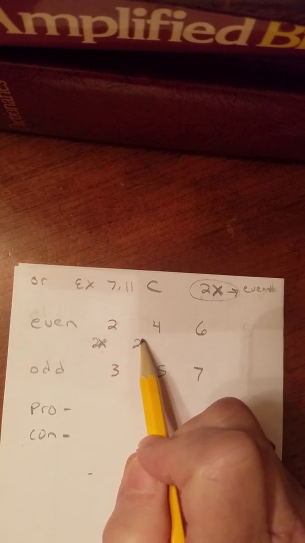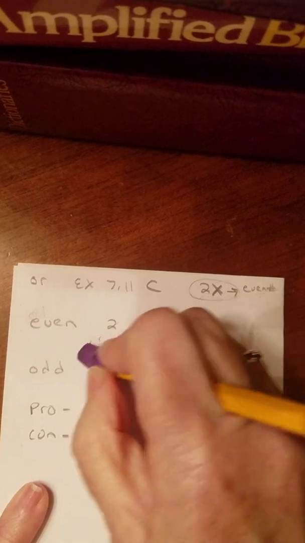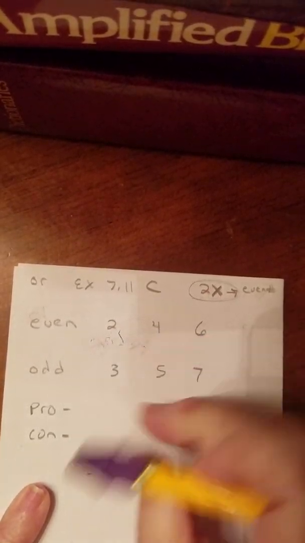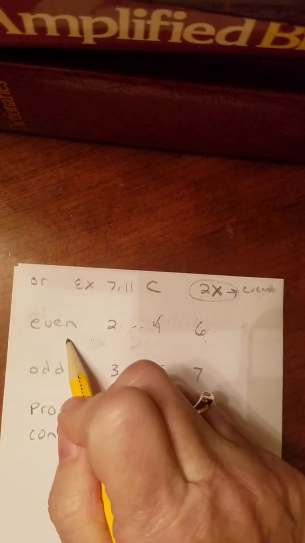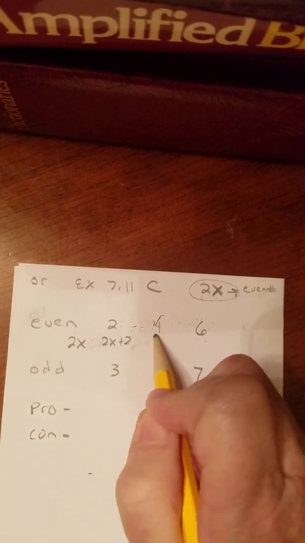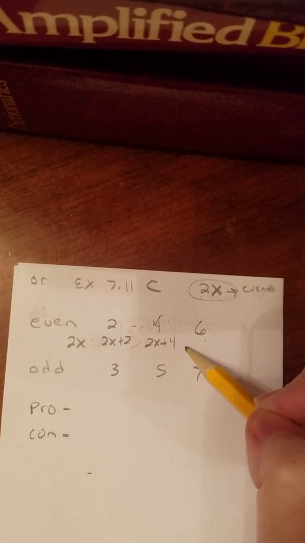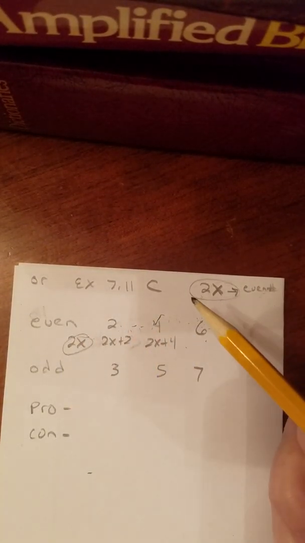So this would be 2x. To get here would be 2x plus 2. This one would be 2x plus 4, and so forth, if we started with that.